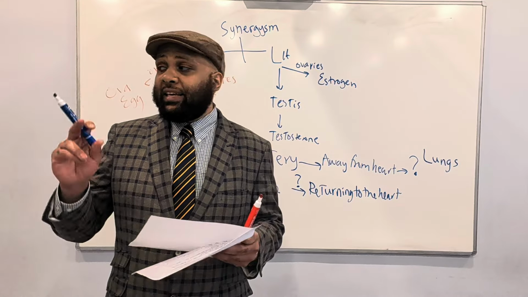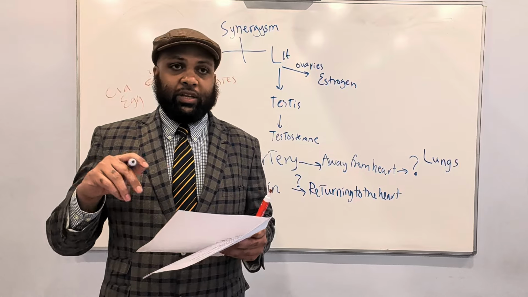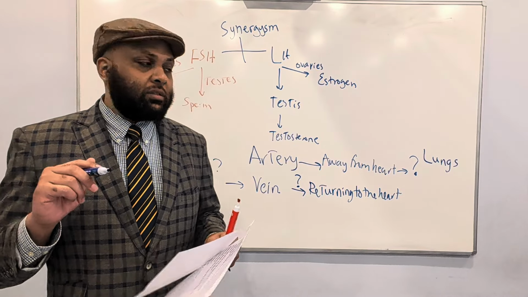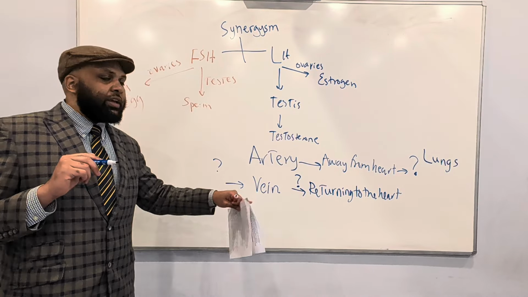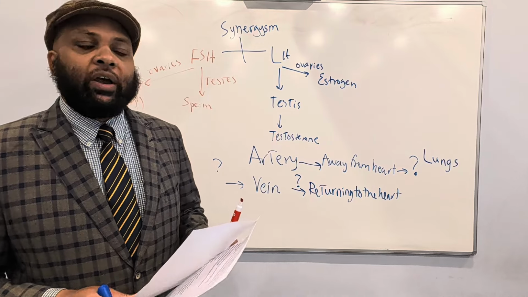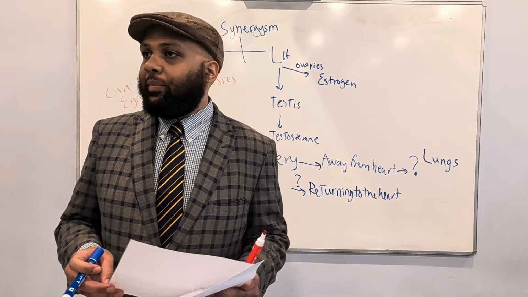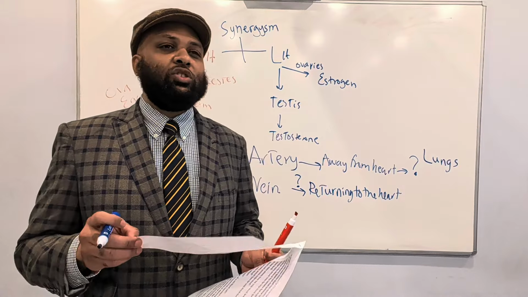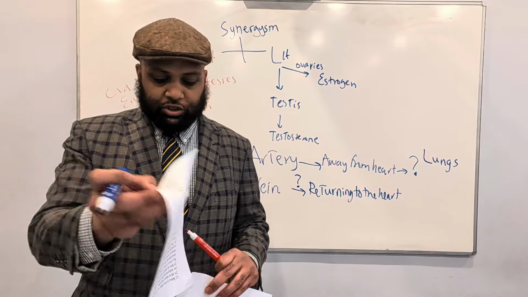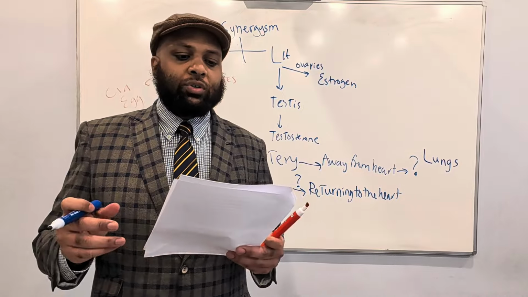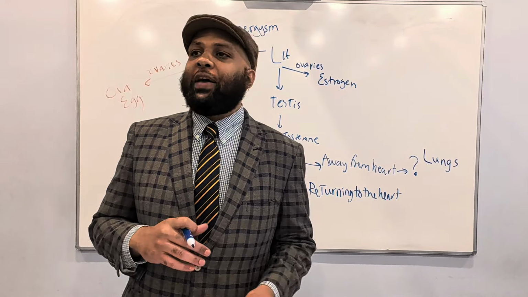Systemic vein. That means it's a blood vessel that is returning to the heart. From where? From the tissues. That means it's going to be oxygen rich or oxygen poor? Oxygen poor. 36. Name 2 hormones both released from the hypothalamus.